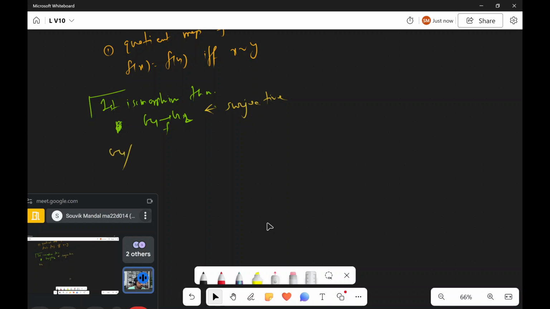Then we know G1 by kernel of f is isomorphic to G2. This is the same as saying that x is related to y if and only if their difference belongs to the kernel of f. Exactly the same thing here: f of x equals f of y if and only if x is related to y. In group theory we have f of x equals f of y if and only if x minus y belongs to the kernel. So in this way, you can remember this theorem.